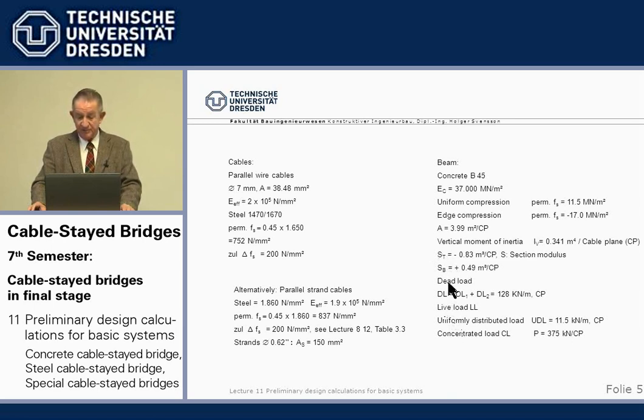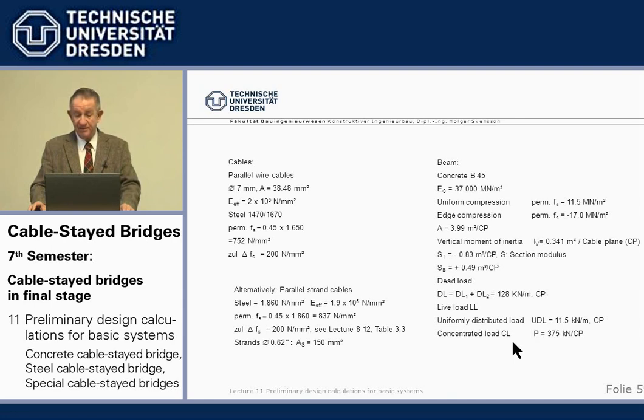Otherwise, we have a little bit different nomenclature. Our dead load, small g, is DL, dead load in English. And the Verkehrslast is live load in English, LL, simply.